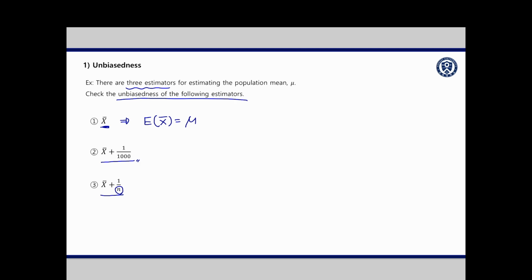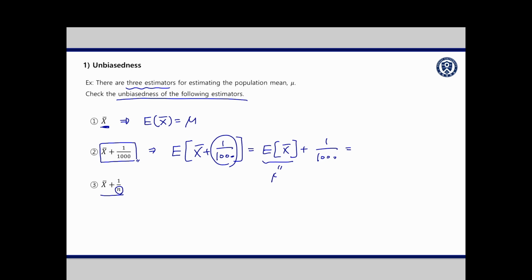The second estimator, x bar plus 1 over 1000: plus is a constant, so its expected value is mu plus 1 over 1000.